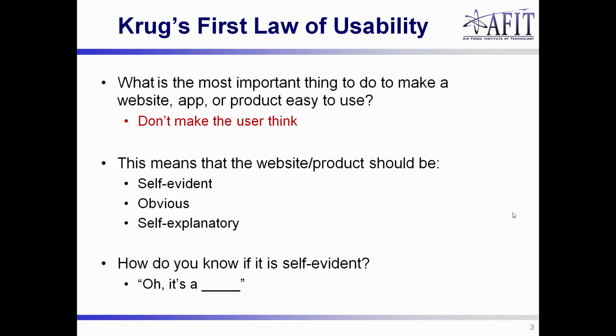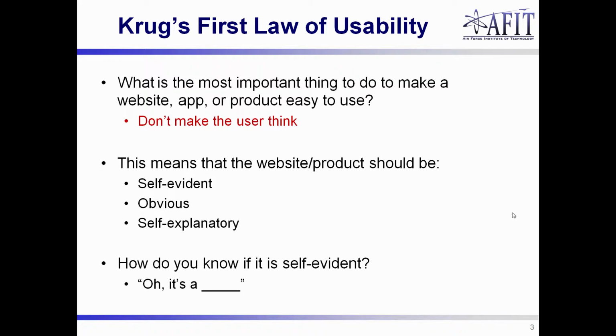They should be able to look at the item, and it should be very clear in and of itself what that item is for and what it can do. Right, so the content and the presentation should cause that item to be obvious. And where we can't make it self-evident, we then look to make it self-explanatory. And we'll go into that, both self-evident and self-explanatory, a little bit more in depth in the rest of this presentation.